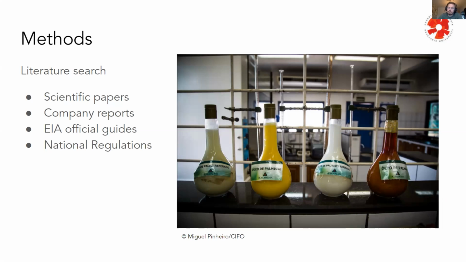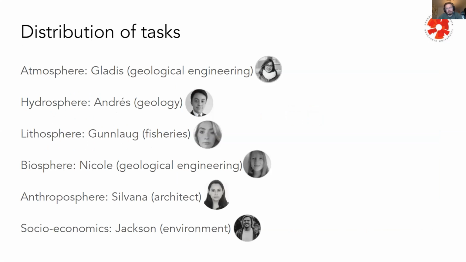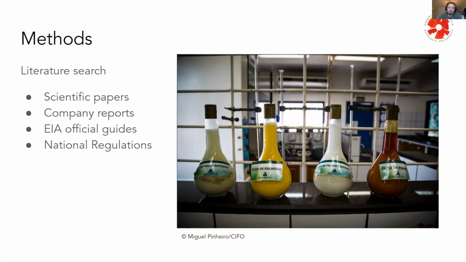And so I think that will be interesting as we keep going through our project to see how each of these companies have done their own EIAs and official guides, and kind of see where there's commonalities, and then wherever there's big differences in how some of these companies operate. And then national regulations in the country, of course, and how Brazil is monitoring the development of the palm oil industry.